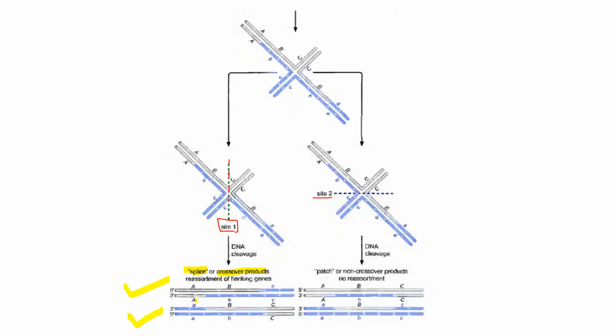But the result is that you can see here that you have a capital A allele, but along with it in this DNA, you have small c allele.